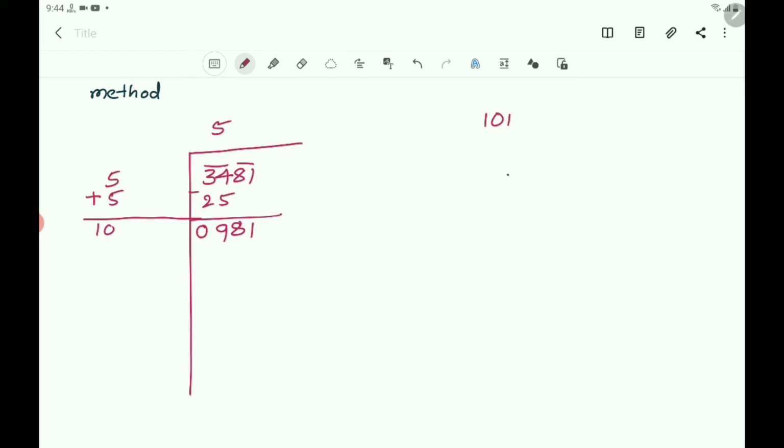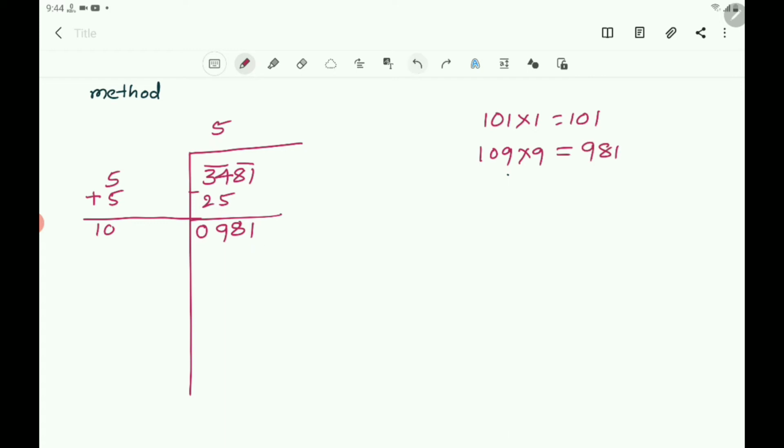So if you put 101 into 1, it becomes 101. If you put 9 in front of 10 and multiply it by 9 only, then what are you going to get? 9 9s are 81, 9 1s are 9. We got this number.